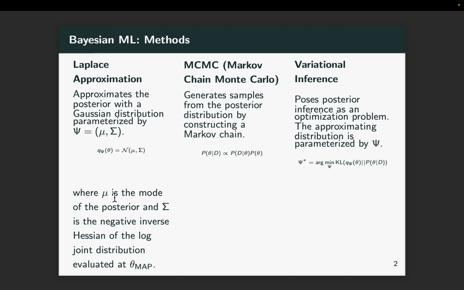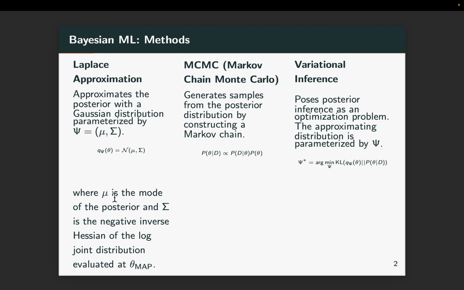Variational inference will pose the problem of posterior inference as an optimization problem. Typically we like to solve optimization problems in ML. We find them easier, we have convenient frameworks for them. So what we're saying is that we will again approximate the true posterior p of theta given d with some distribution q of theta, which is parameterized by some psi.